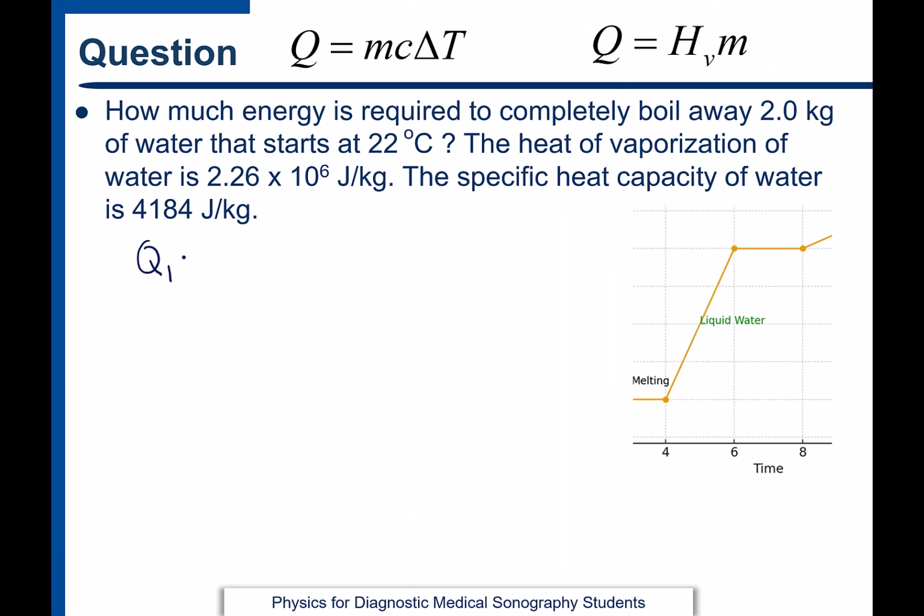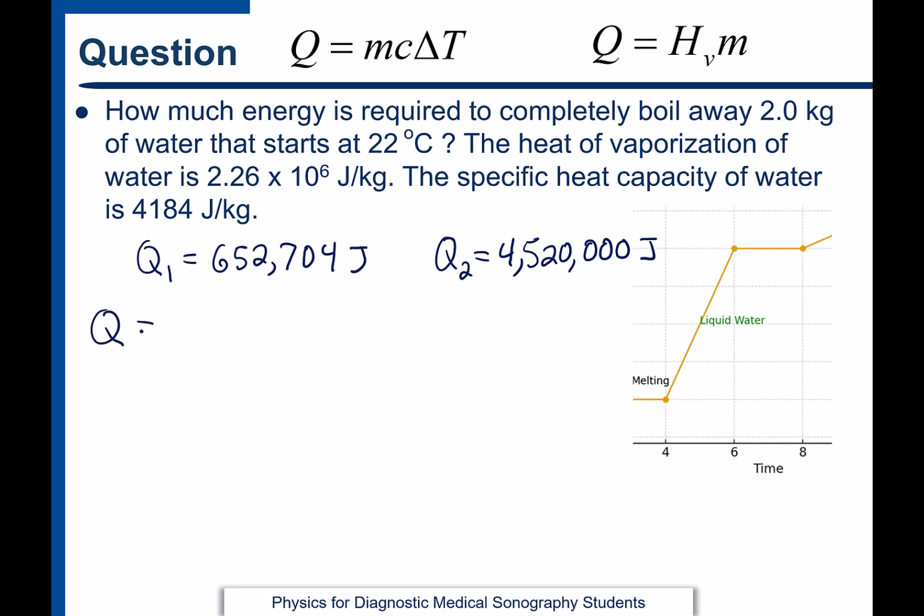So we had Q1 is equal to 652,704 joules. We had Q2 is equal to 4,520,000 joules. And we know that the total heat that we're going to have to add to get our 22-degree water all the way up to completely vaporized is going to be the total of Q1 and Q2.